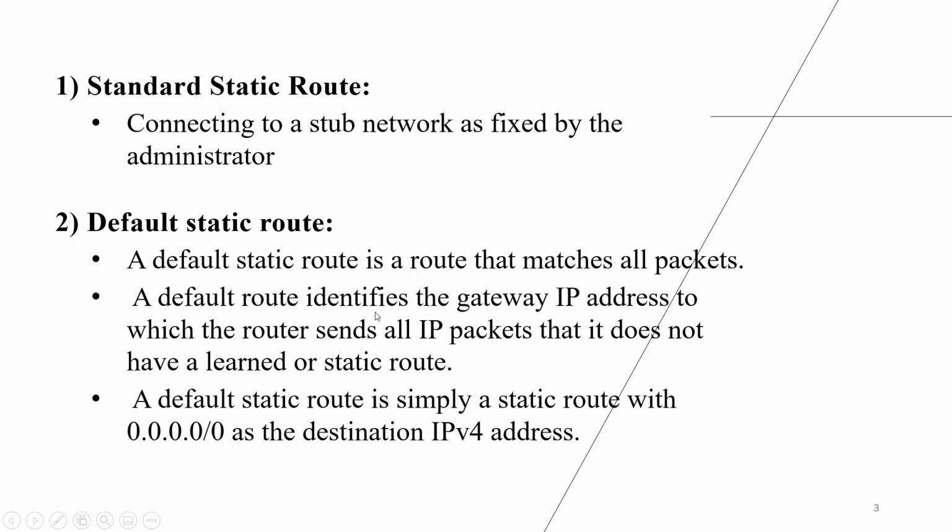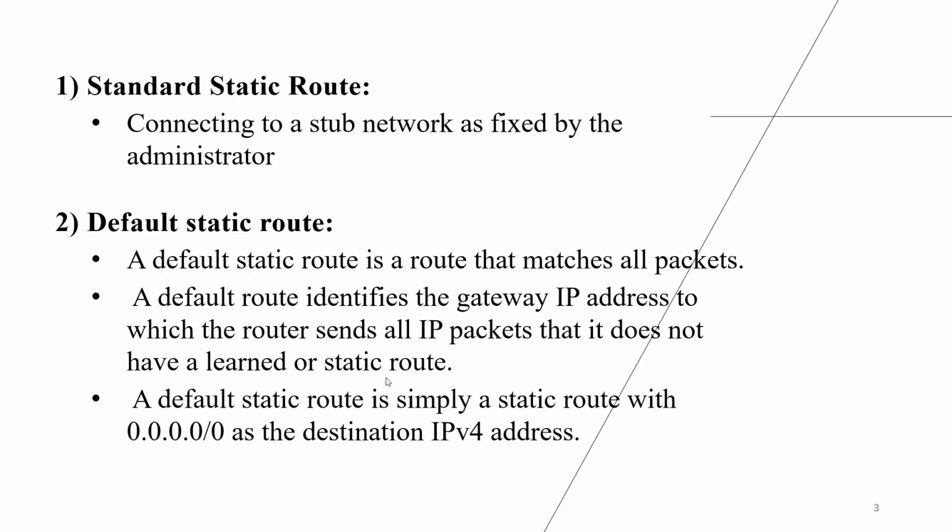A default route identifies the gateway IP address to which the router sends all IP packets that it does not have a learned or a static route for. If there is no static route, automatically we send the packets by default. You will understand it very clearly in the configuration while I'm doing the lab.